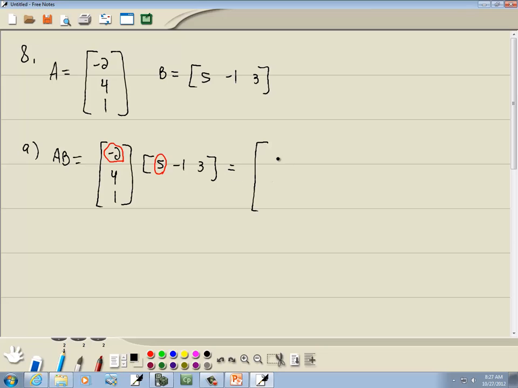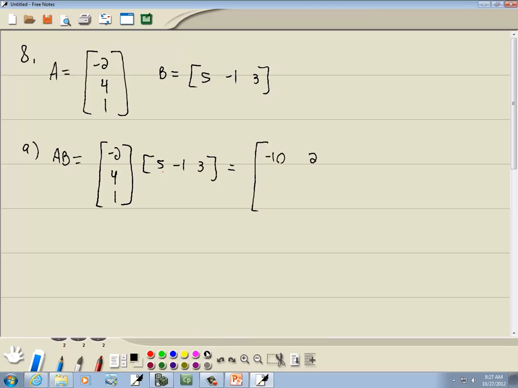Well, negative 2 times 5 is negative 10. Then, I won't keep doing these in red, but I'll do the first two so you see it. Then we'll take this first row times this second column. Negative 2 times negative 1 is positive 2. And let me erase those now.